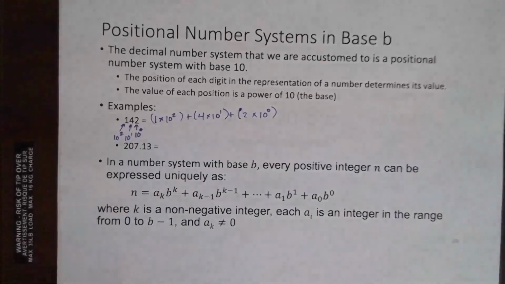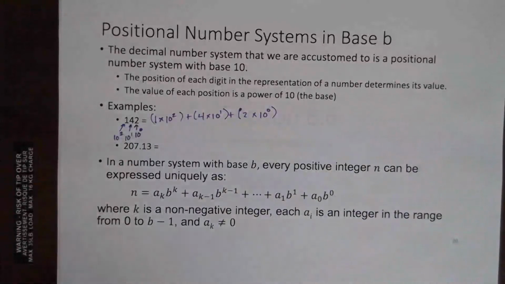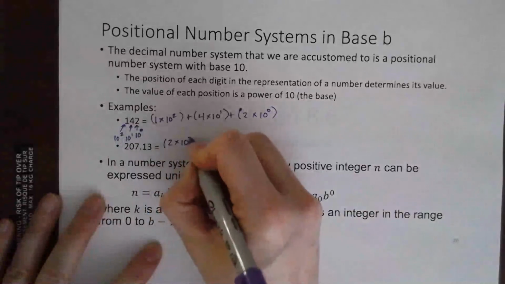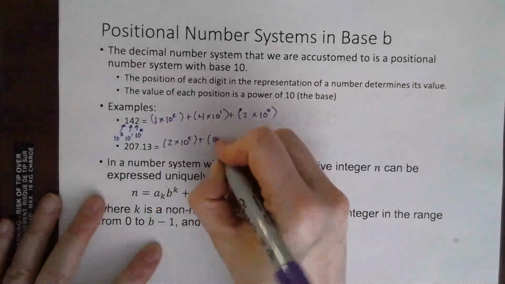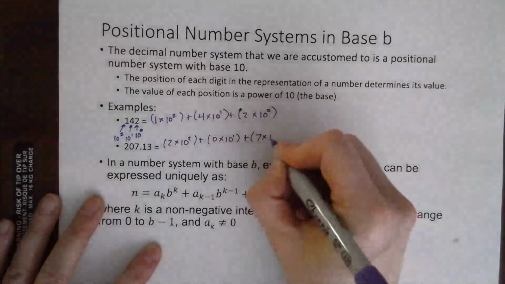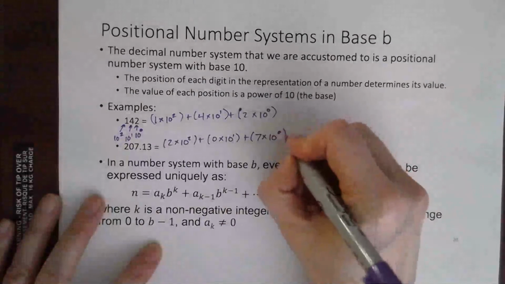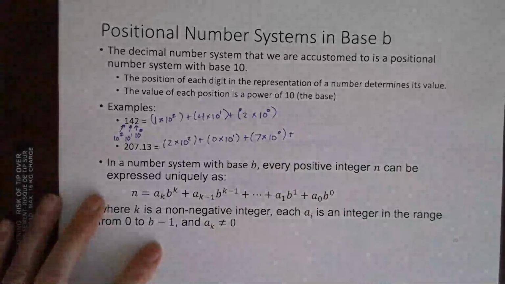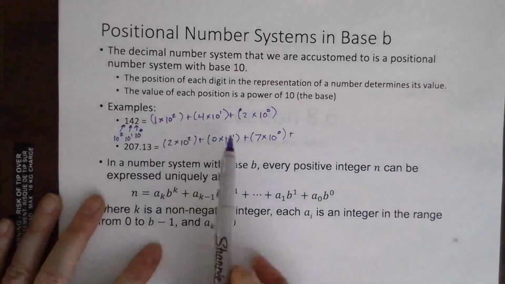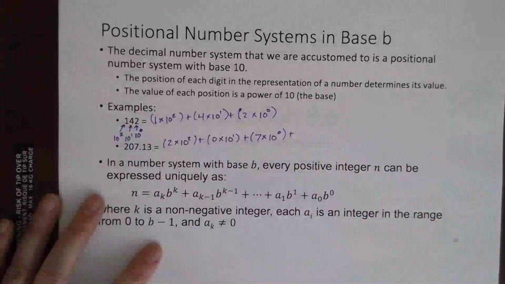If you have decimal numbers, it works the same way. So this is 2 times 10 squared plus 0 times 10 to the first plus 7 times 10 to the 0 plus, and then if we go down in positions, notice what's happening with our exponents. That's 2, 1, 0. They're going down in number.